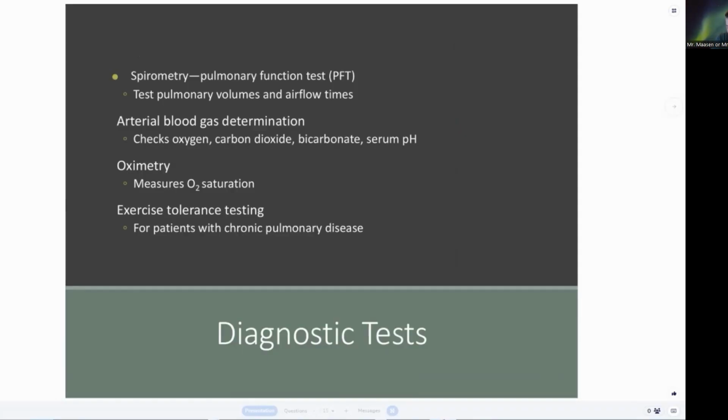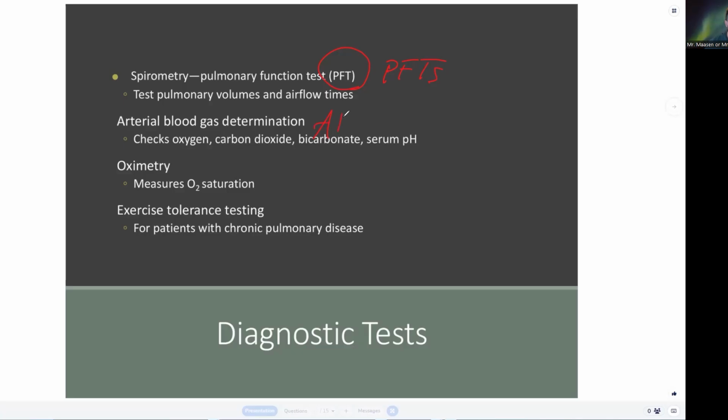If you're highlighting topics from this, you could say PFTs. There's one. Pulmonary function test means we have someone breathe into a spirometry machine, and it gives us readings about things like tidal volume, expiratory volume, inhaling volume, those kinds of things.